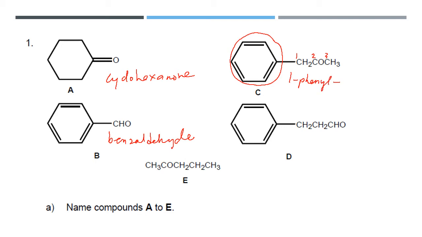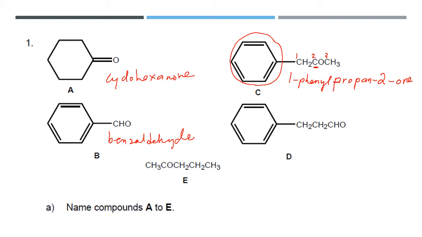And then 3 carbons mean it is a propan, so no dash there. Propan-2, because this is a carbonyl carbon, it has double bond O attached to it. And then -one, this is a ketone.